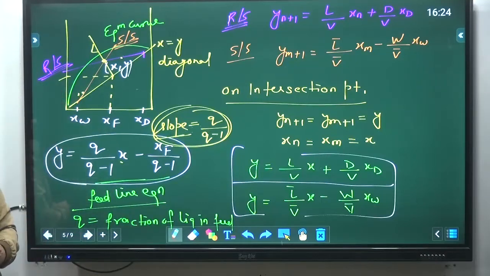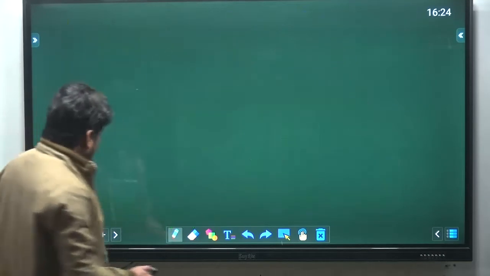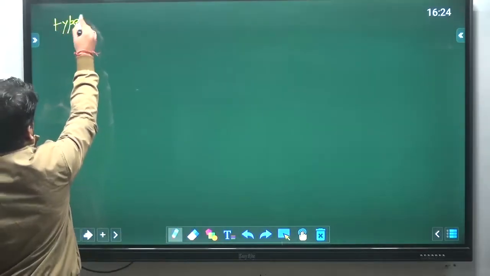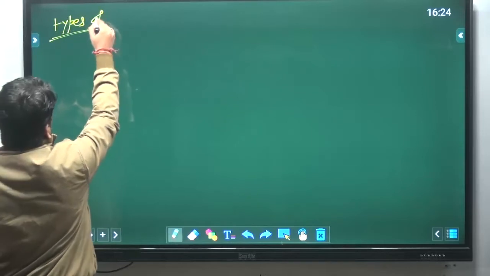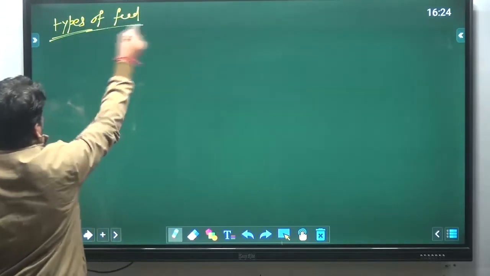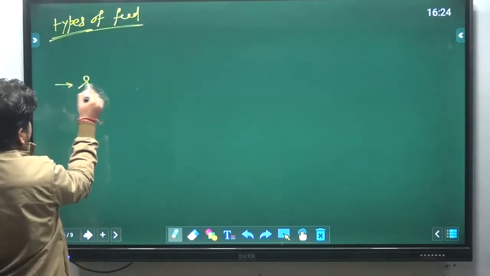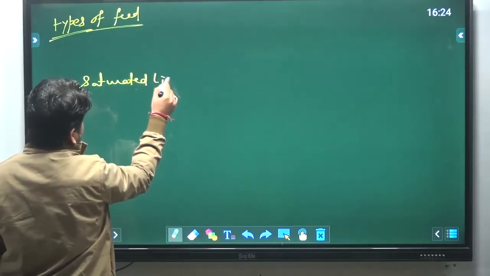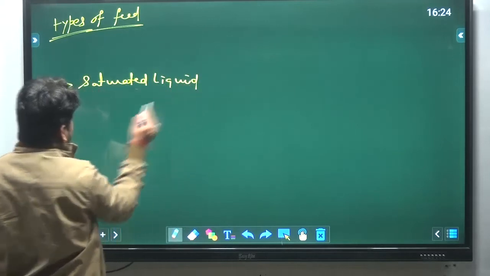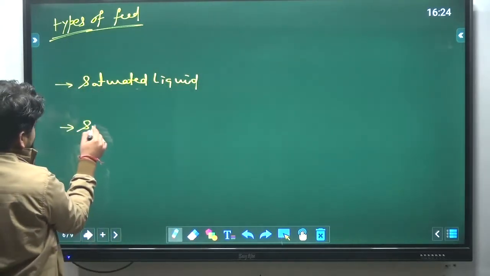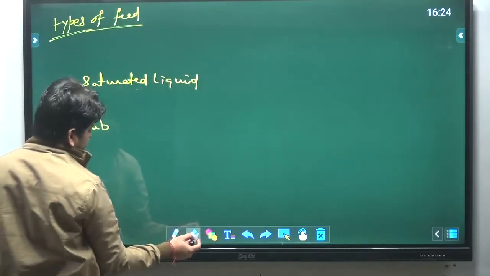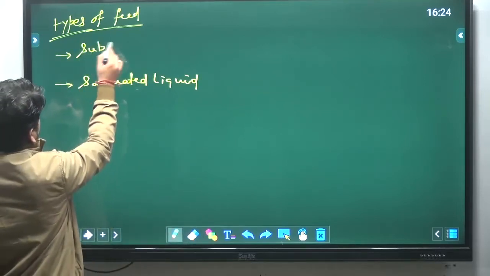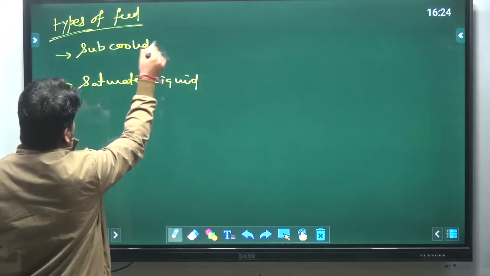I hope this is clear to all of you guys. Now the types of feed, based on which you can understand what is Q. There are 5 types of feed. One is saturated liquid. Second is subcooled liquid.